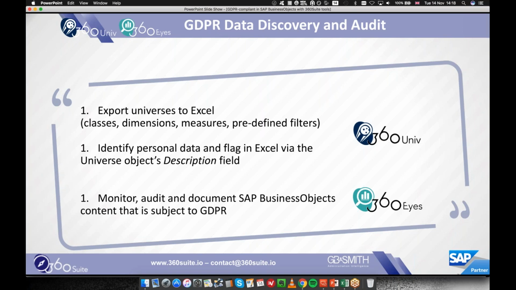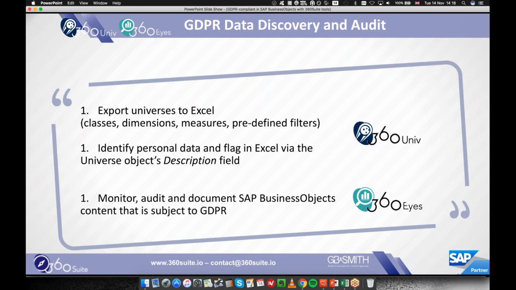In that sense, we're able to provide you with pre-canned reports, so you don't need to develop anything yourself. Those reports will allow you to monitor, document, and also audit all of those reports and universes that use that GDPR data so that you know exactly what the usage is.